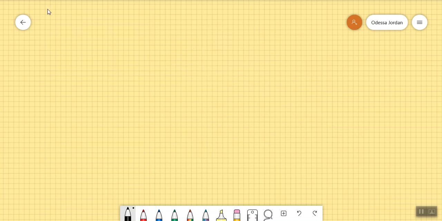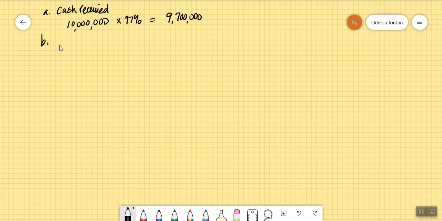So in this next one, A, cash received, that's going to be 10 million times the 97%, and that's going to give us 9,700,000. So the next thing that we want to calculate is B, the bonds payable.